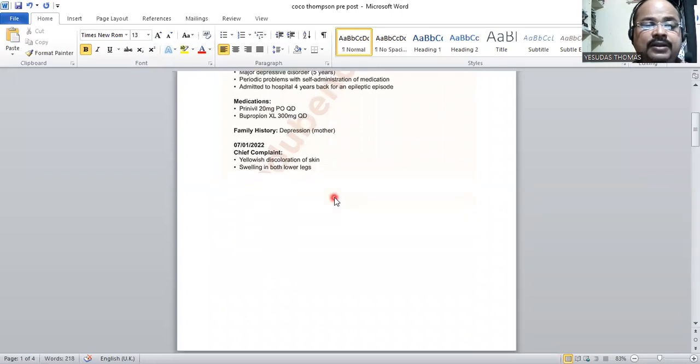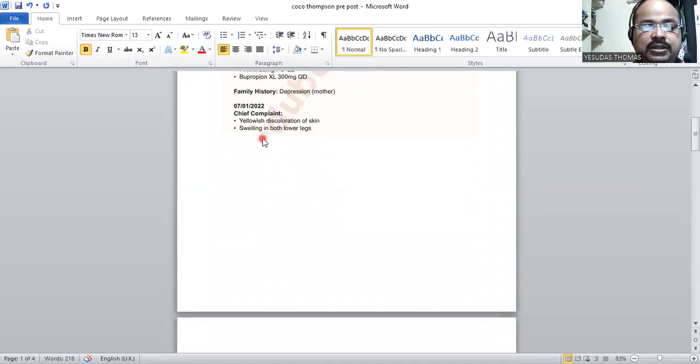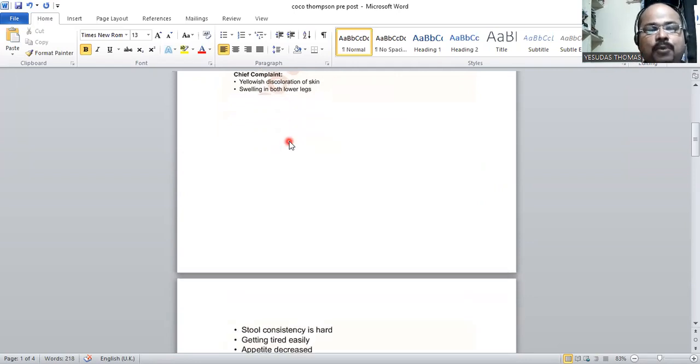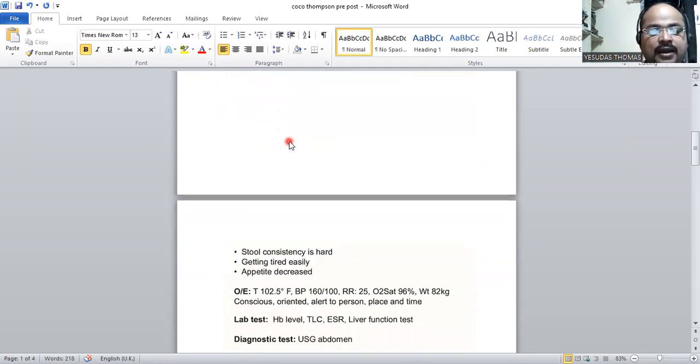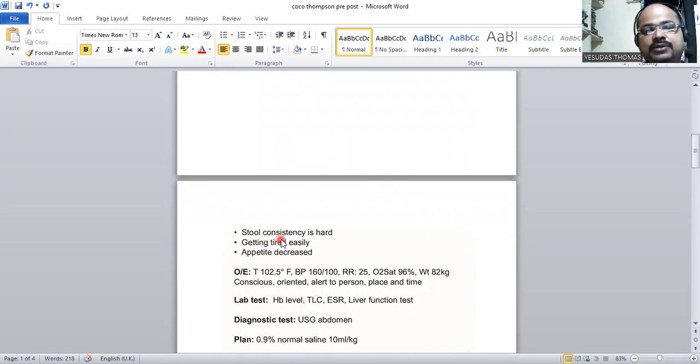Now, on 7th of January, that's where we have to start. We have yellowish discoloration of skin, swelling in both legs, and the main thing, decreased appetite. I just need to select 2 or 3 things from here.